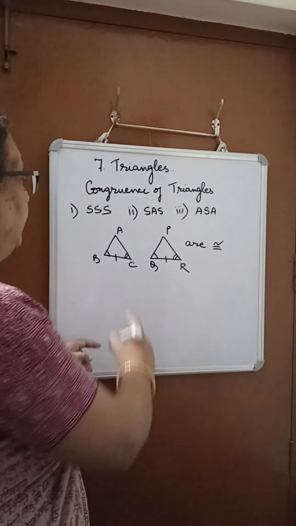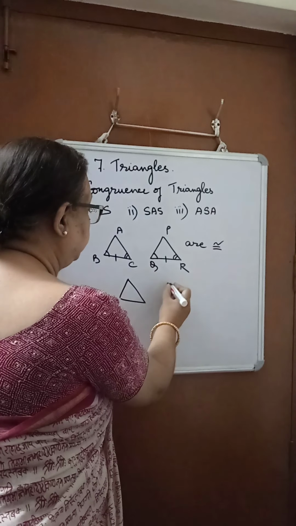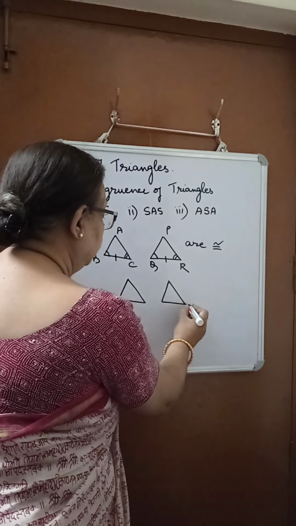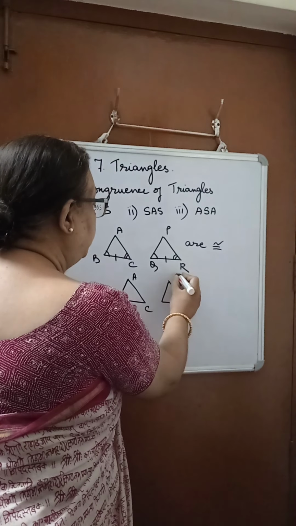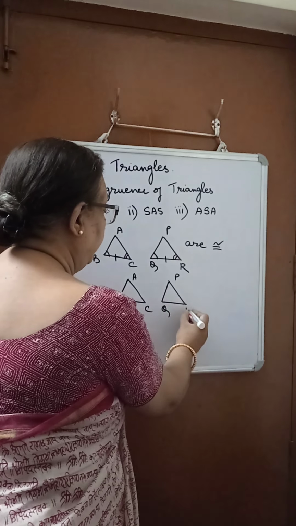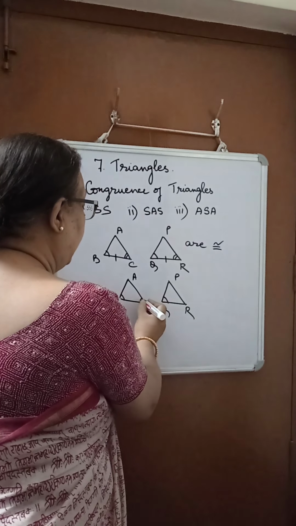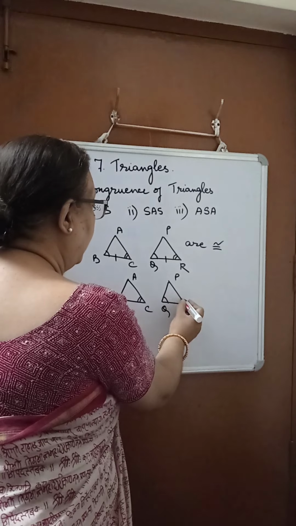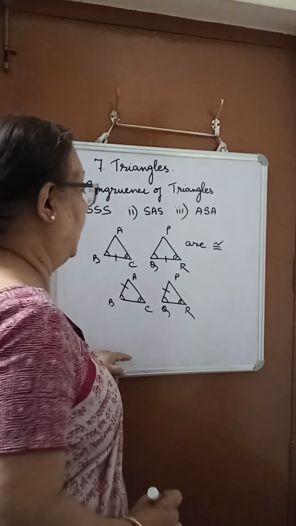Now suppose I take ABC and PQR, two angles: angle B is equal to angle Q, angle C is equal to angle R, and suppose I say AB is equal to PQ.